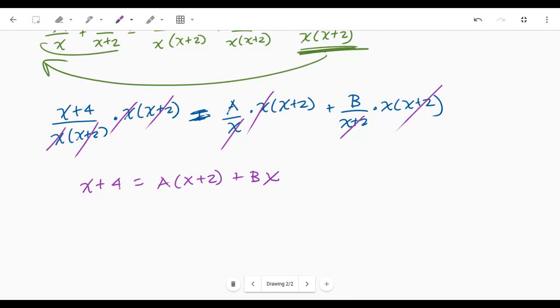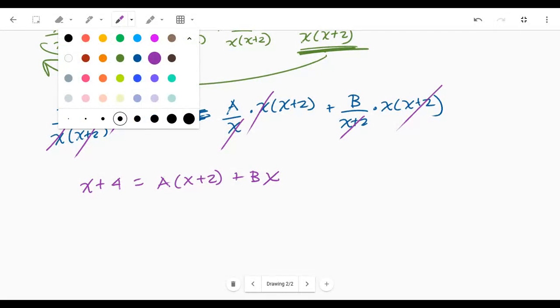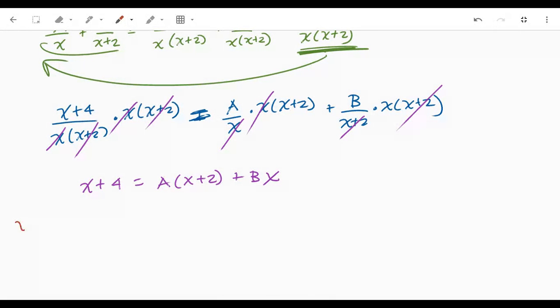So for example, if I make x equal −2, then when I plug −2 in, the A term is going to be A times 0, which is 0. So I have −2 + 4 = A(−2 + 2) + B(−2).